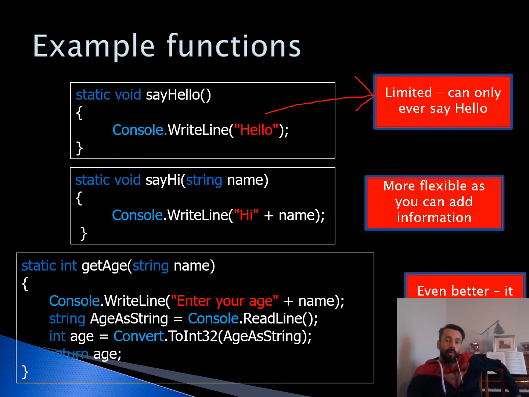Now here, what we've got is passing in a name, still returning nothing, so it's void, but you're saying hi, so you can pass in the name Thomas, perhaps. Then it will go into this line of code and type out hi plus the name that you've passed in as a string parameter. So that's glorious. It's a wee bit more flexible and you can add information.